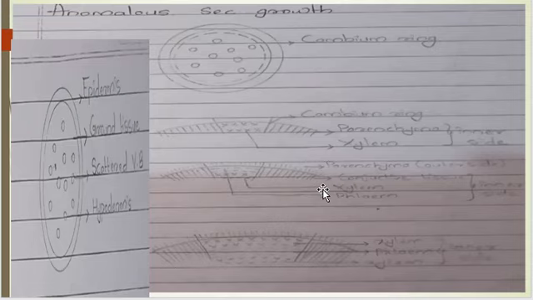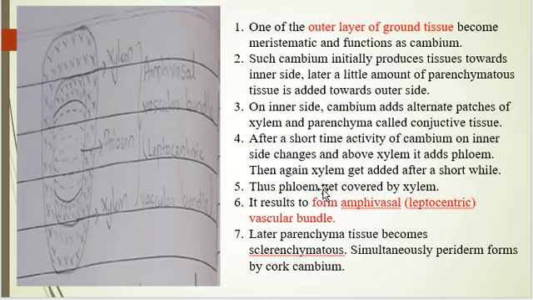Then after some time the outer side of the phloem is converted into xylem, and the structure is like phloem at the center surrounded by the xylem. This type of structure is known as amphivasal vascular bundle or leptocentric vascular bundle.